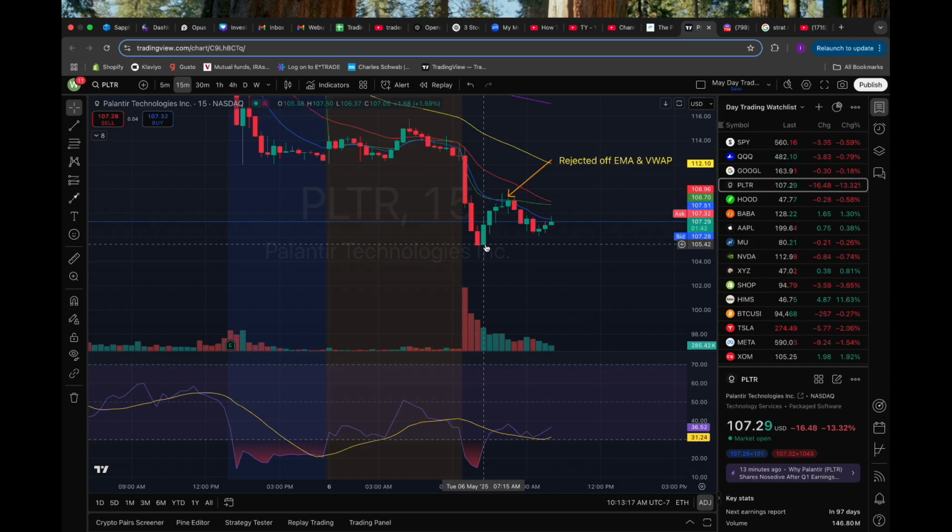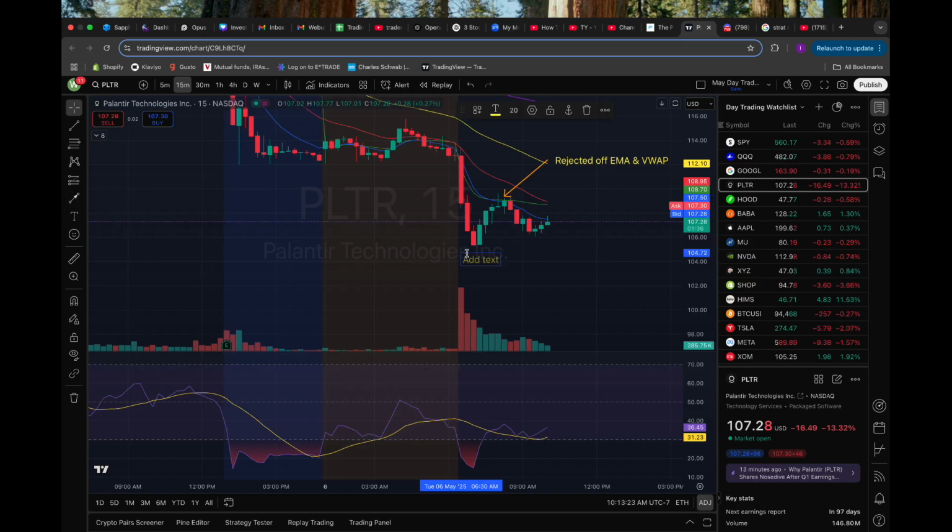So yeah, it came down here, it found a bottom, it found support for the day. So we're going to say daily support, right here. And then it started to reverse. And then you could enter in here. And then I would take profits right around here. All right, that would be my profit target or my price target.